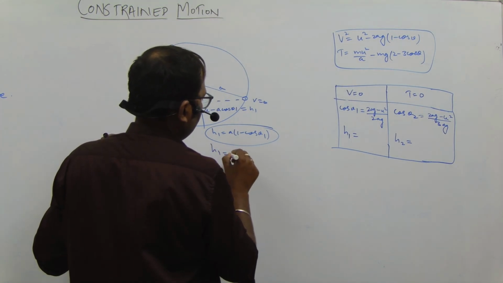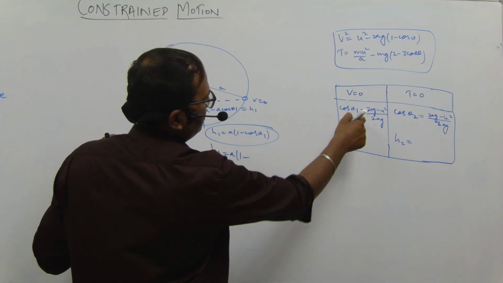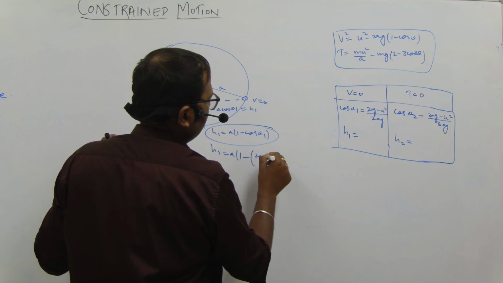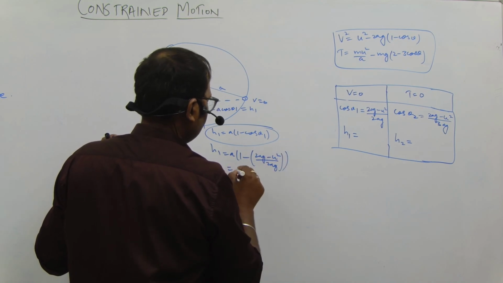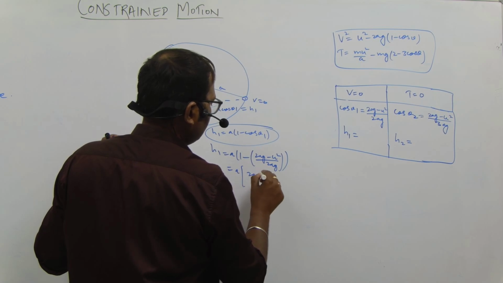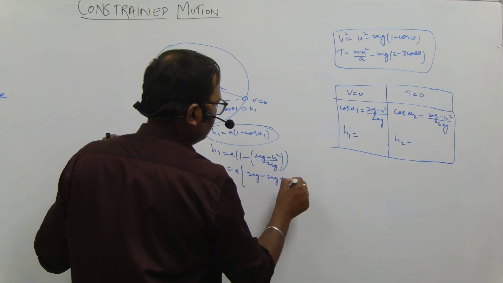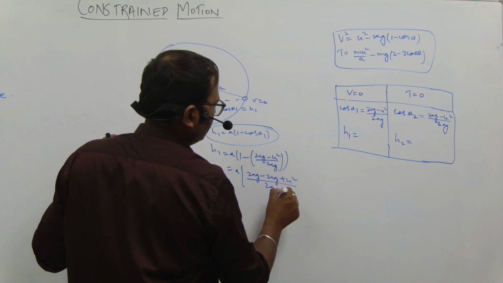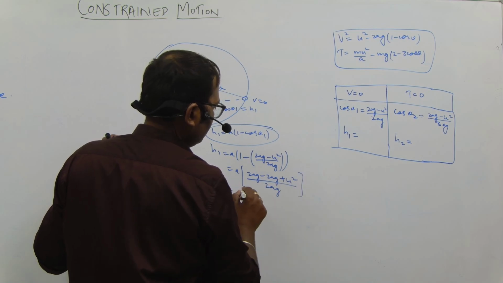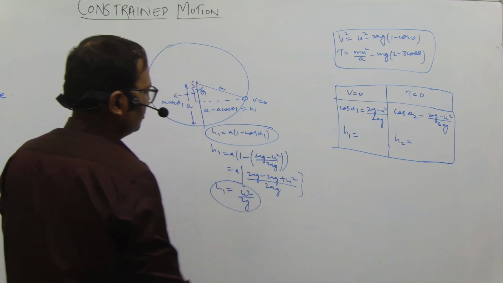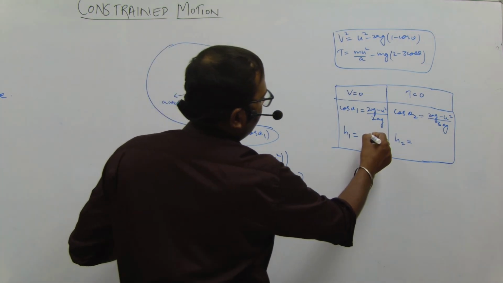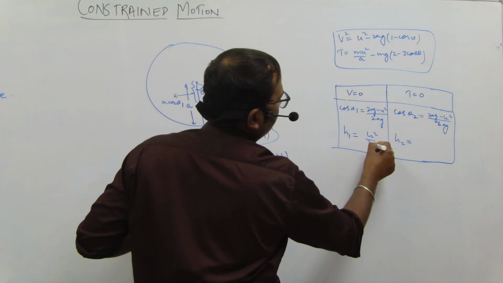So this is a times (2ag minus u square upon 2ag), which is a times (2ag minus 2ag plus u square upon 2ag). So this is equal to u square upon 2g. This is h1: u square upon 2g.